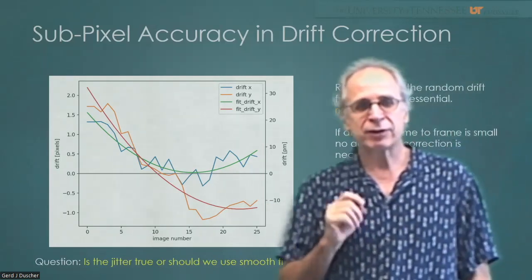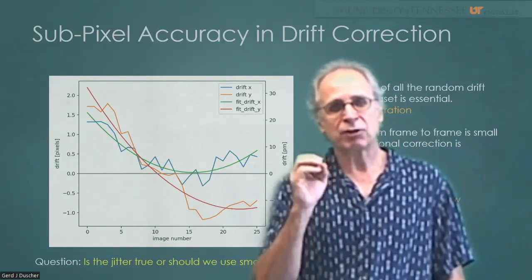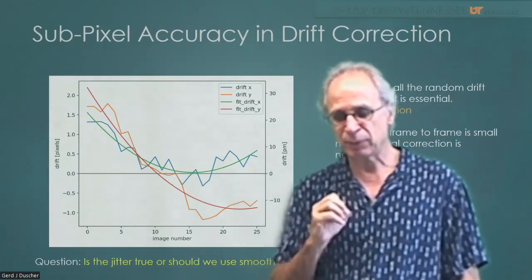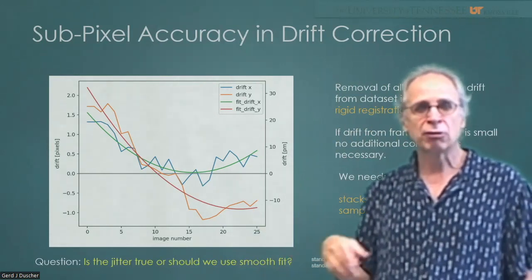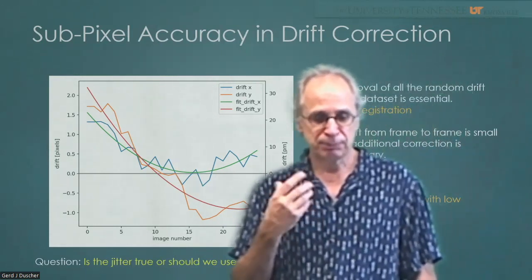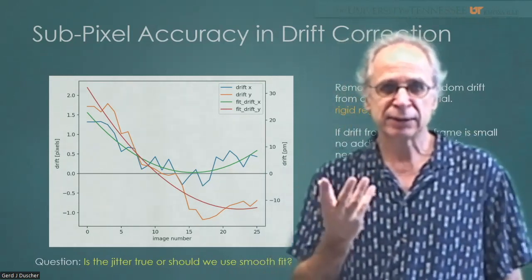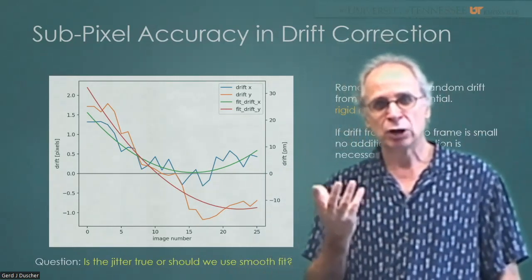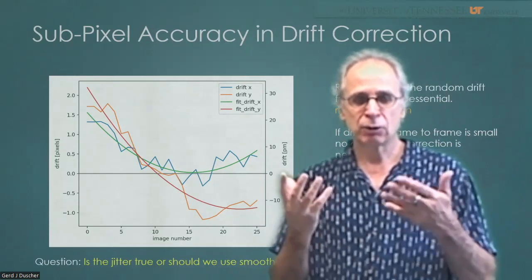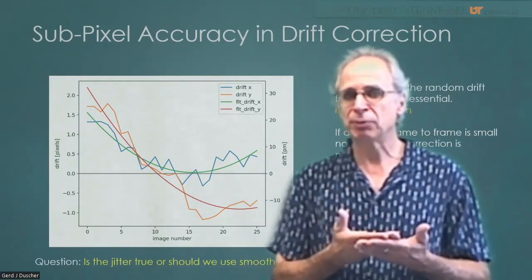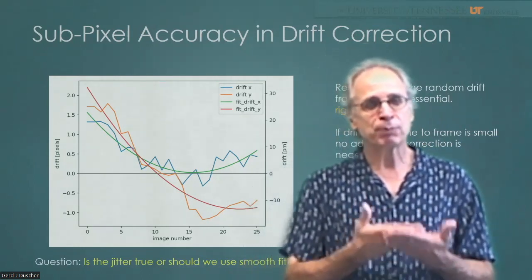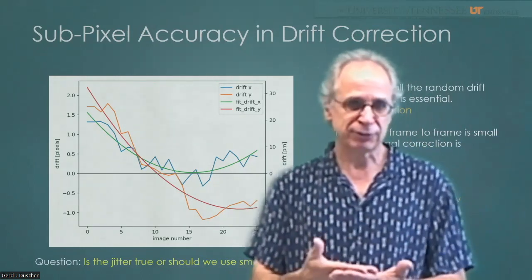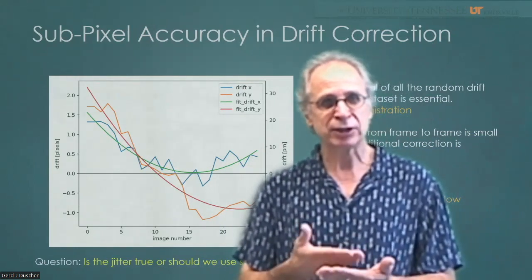And let's look at the quantity of that. We have 25 images that we acquired relatively quickly. If you acquire an image stack, the single images should be able to be cross-correlated, so there needs to be some information in the Fourier transformation, so you can check that out. On the other hand, it should be acquired fast enough so that you have very little drift from one image to the other.